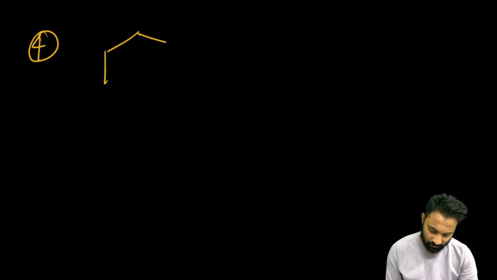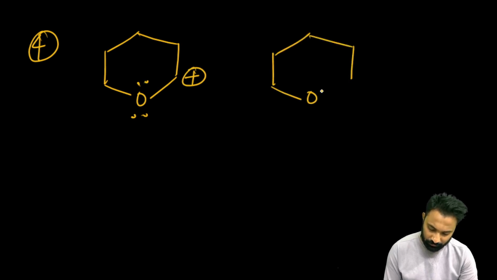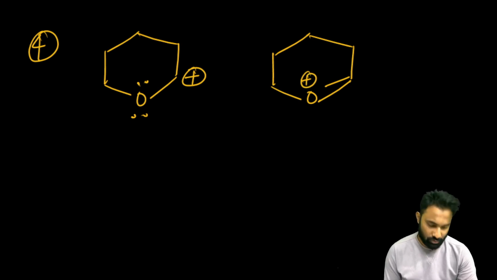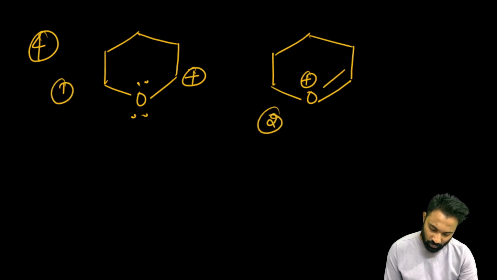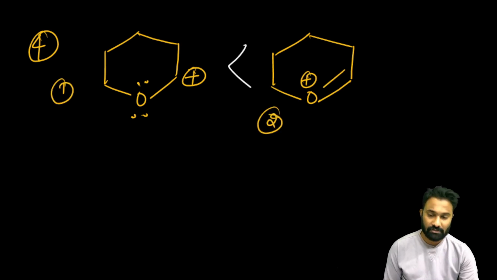Now the fourth example. If you take this carbocation, here oxygen has a lone pair of electrons. In the other one, the oxygen bears the positive charge. Among those two, which is the more stable resonating structure, 1 or 2? 2 is the more stable resonating structure. Why?